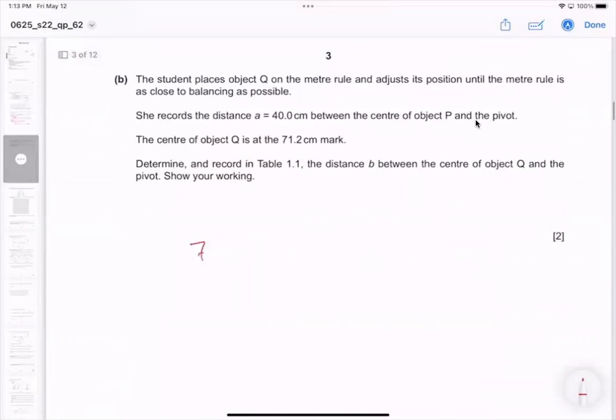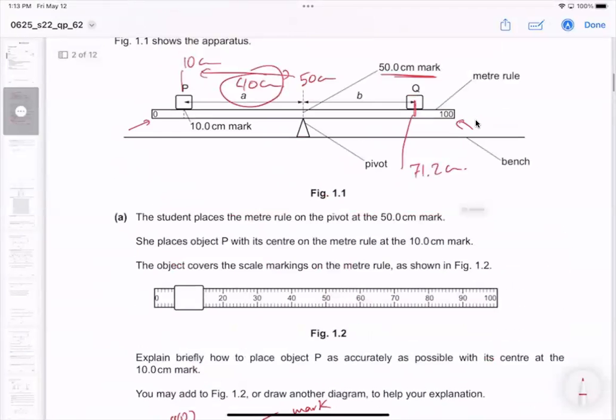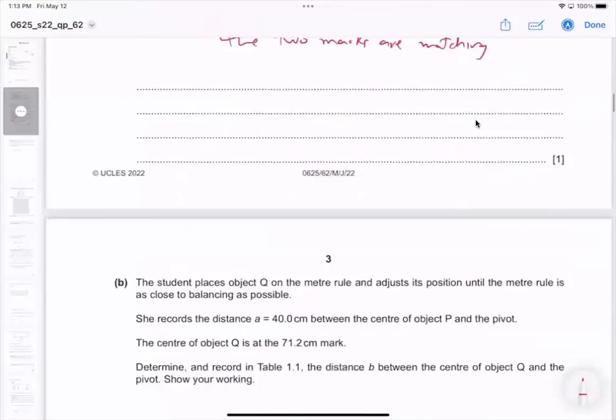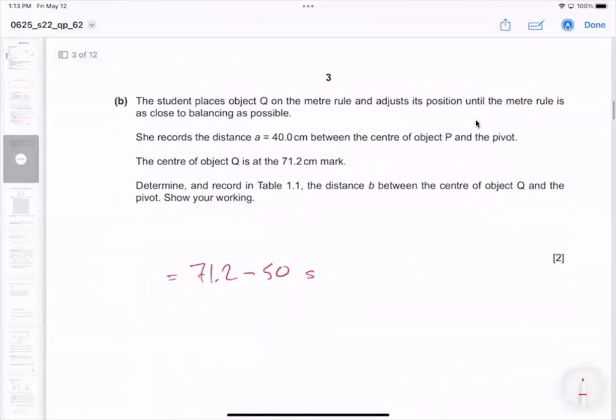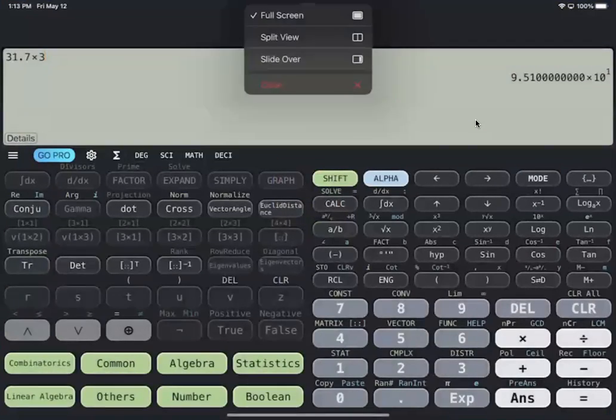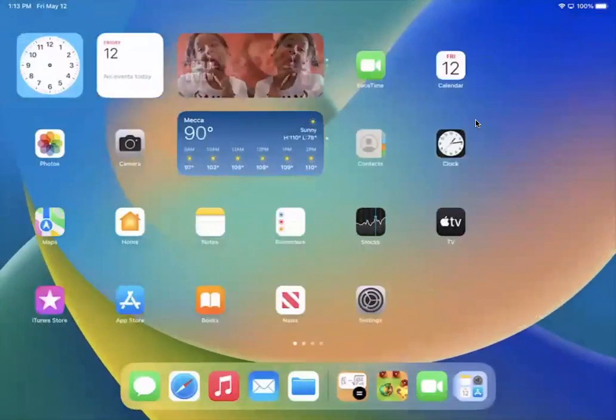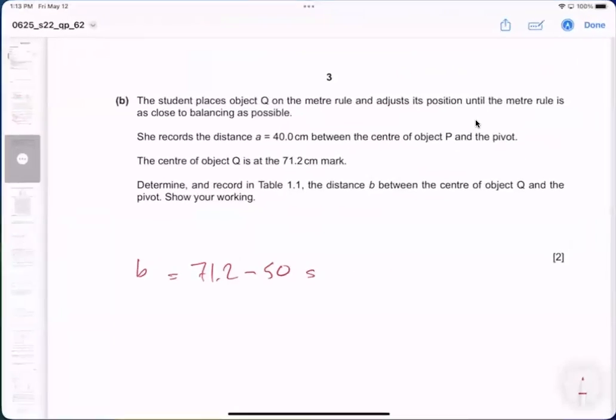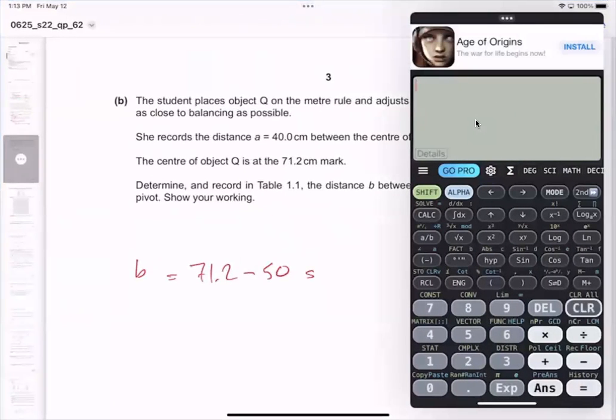71.2 minus 50 will give us the distance B, the distance between the center of Q and the pivot. What is the difference between them? 21.2.